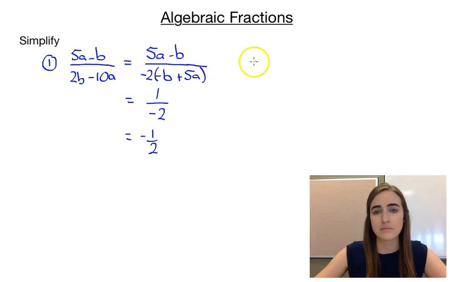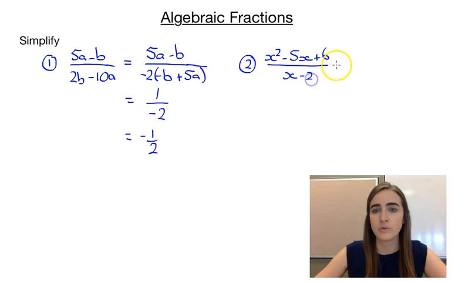Alright, our second example is x squared minus 5x plus 6 over x minus 2. Again, we want to factorize if we can, so we're going to factorize the numerator there. It's a quadratic, so it will factorize to minus 2 and minus 3.